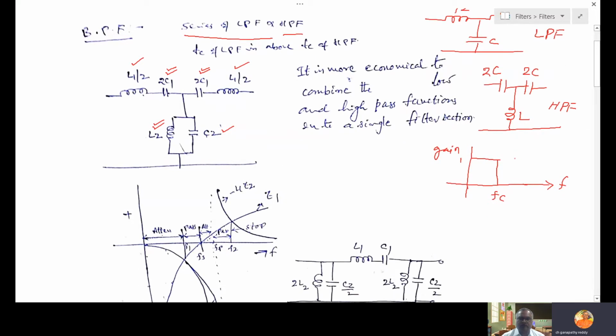The low pass filter. If it is a high pass filter, like this you have to design. So this is again cutoff frequency FC. So FC of low pass filter, FC of high pass filter.